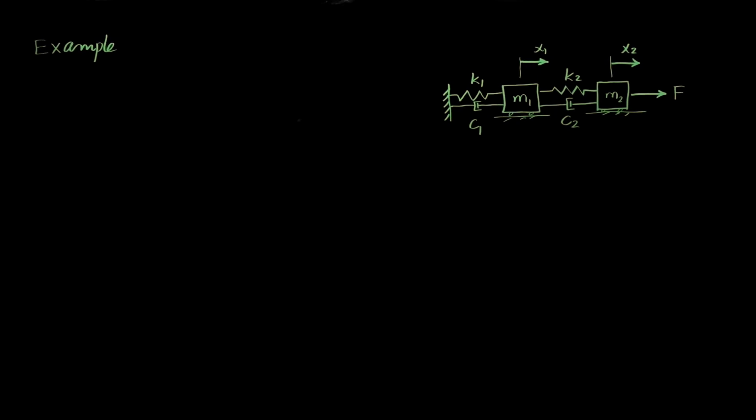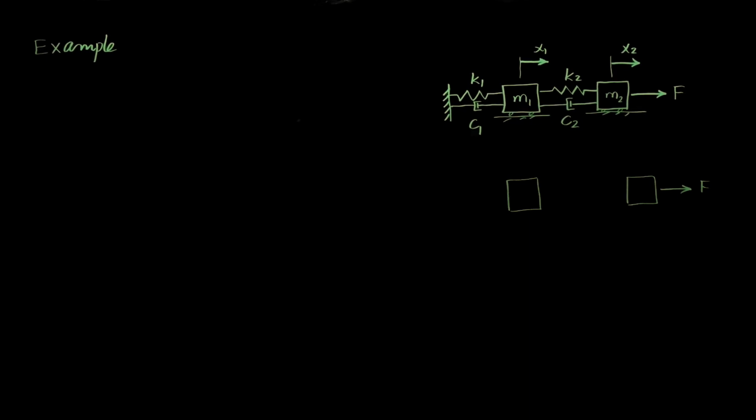Using the Newtonian approach first, I'll have to draw a free body diagram for each one of the two masses here. So I will have one free body diagram for M2, and a free body diagram for M1. On M2, I have the external force F, and then there's a spring force here.